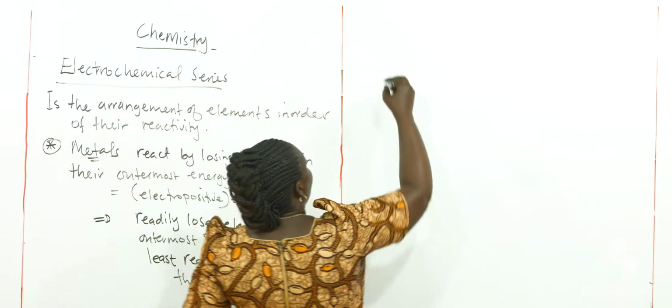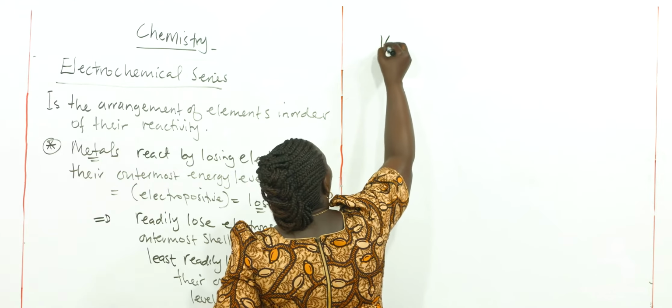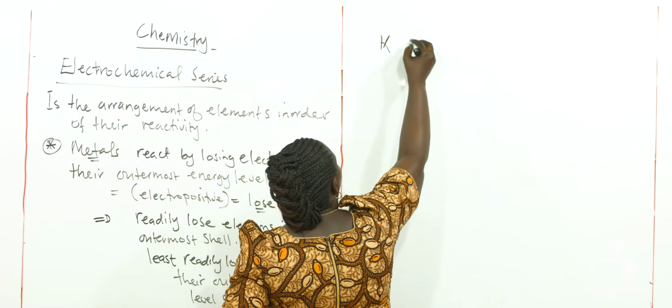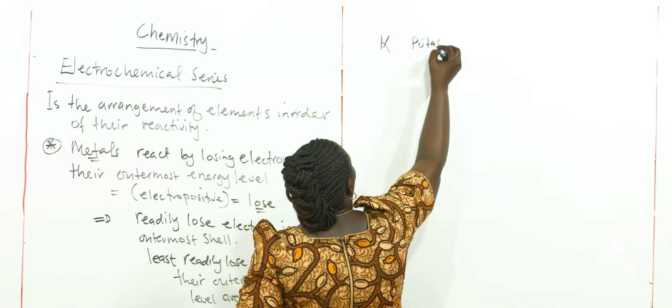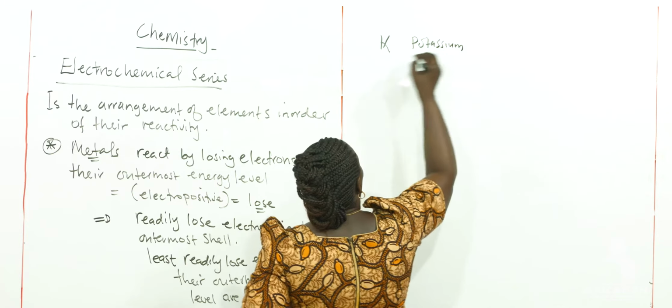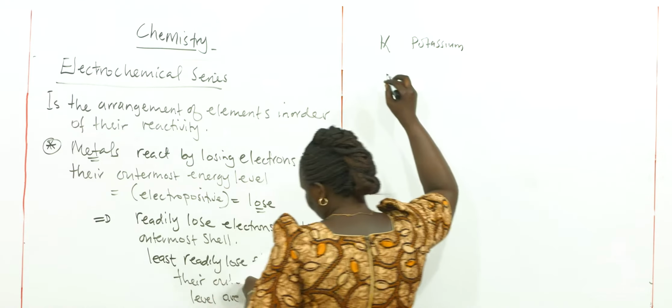The most reactive metal is potassium, followed by sodium.